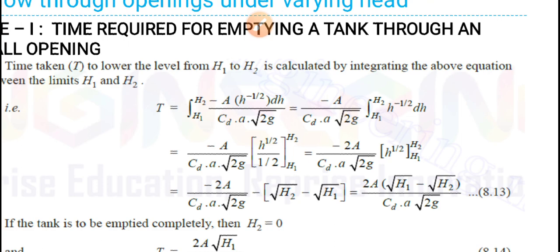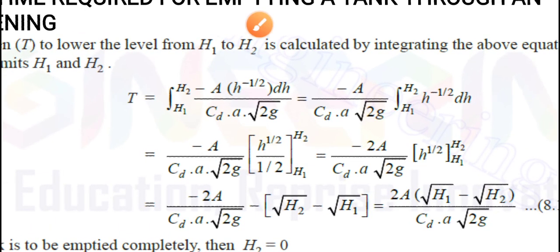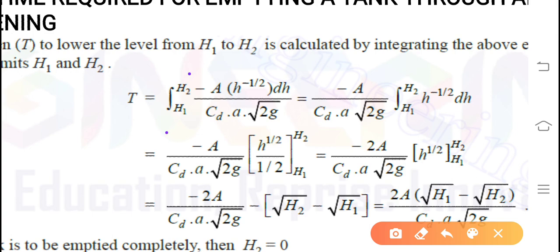Time required for emptying a tank through a small opening is continued now. The time taken, capital T, to lower the level from h1 to h2 is calculated by integrating the above equation between the limits h1 and h2. Therefore T is equal to the integral from h1 to h2 of minus A h to the power of minus half dh divided by Cd a root 2g.